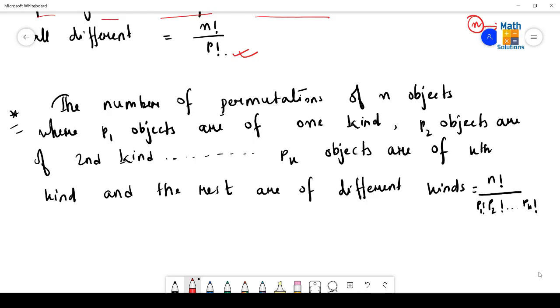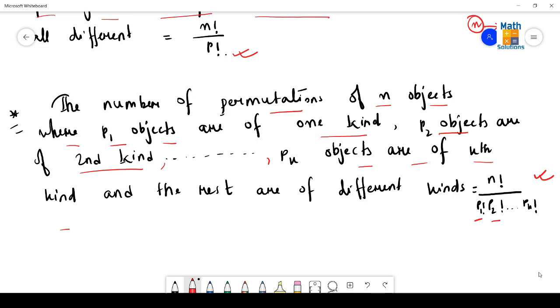So here we find the number of permutations of n objects where p1 objects are of one kind, then p2 objects are of second kind, and that goes on up to pk objects of kth kind and the rest are all different kinds of objects. In that particular situation the total permutation will be n factorial divided by p1 factorial into p2 factorial, that goes on up to pk factorial.